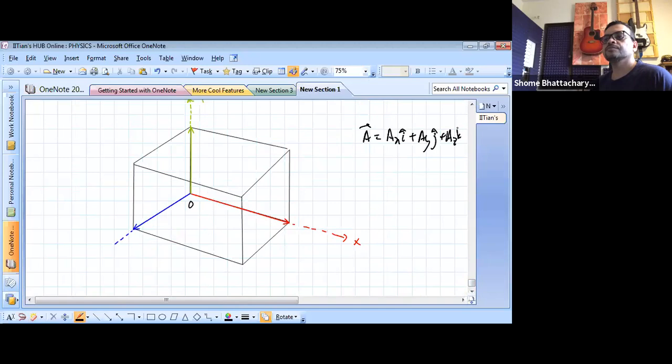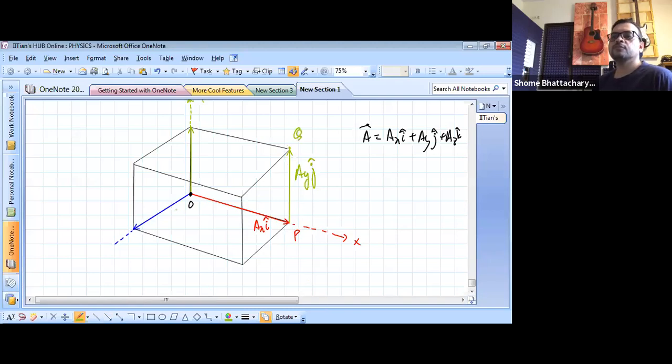So from the origin O, here, I will start by making a displacement of Ax i cap. So I will reach this corner, which is, let us say, P. Okay. Then from here, I will make a displacement of Ay j cap. So I have to pick up this vector and place it over here. So I will, let us say, reach this corner Q of the box by making a displacement Ay j cap.